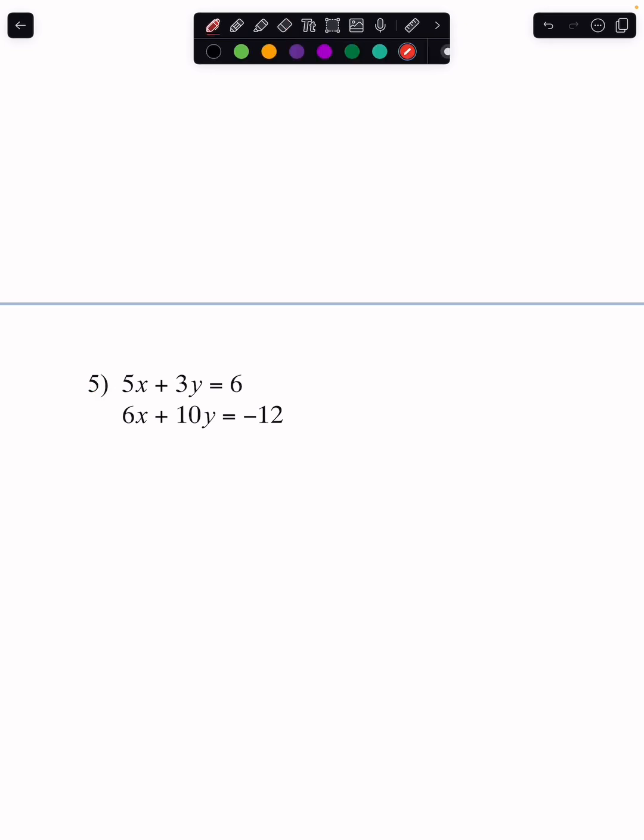So I'm going to multiply this top line by -6, and I'm going to multiply this bottom line by a positive 5. Let's see what happens when I do that.